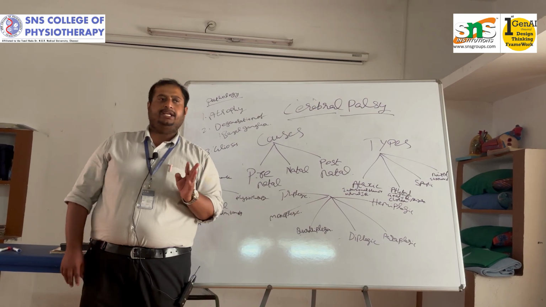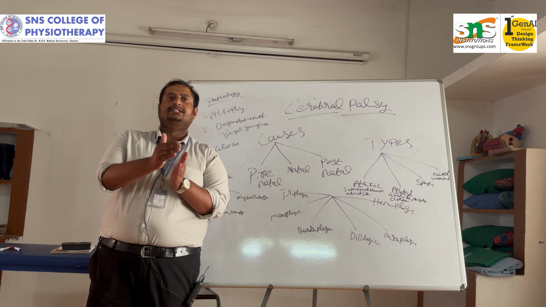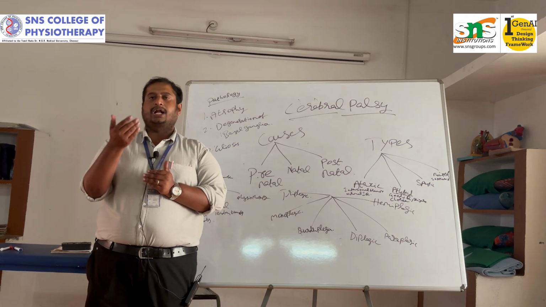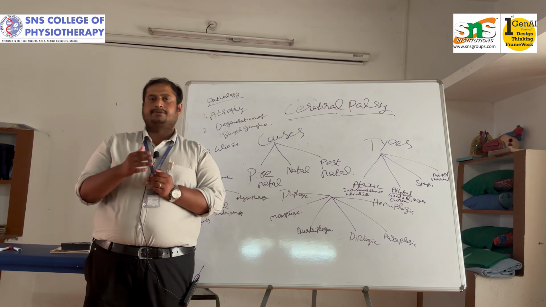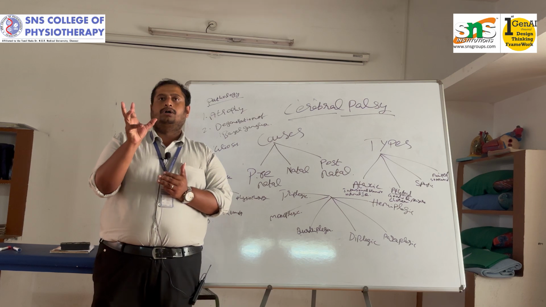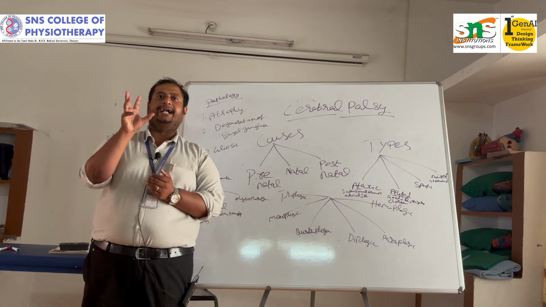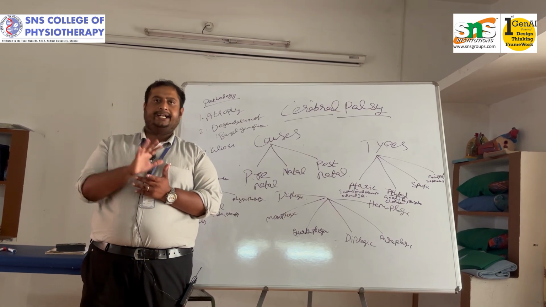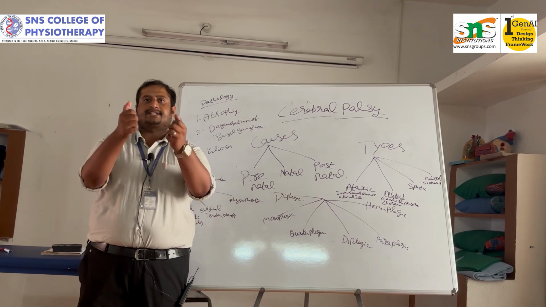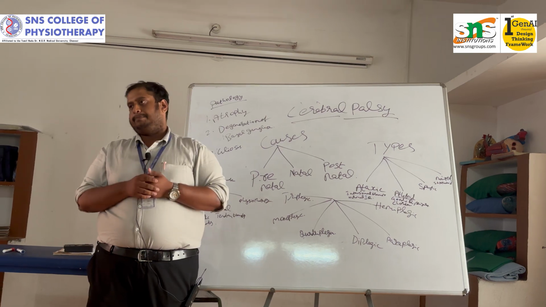Our grandmas will see that after 3 months the baby has to hold his or her neck. The head has to be in a neutral position when the baby is lifted up.